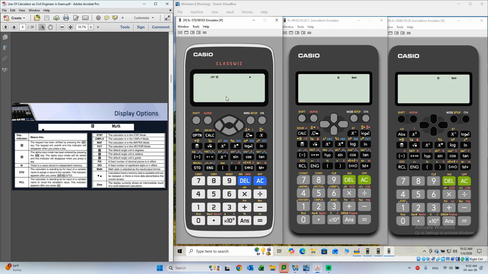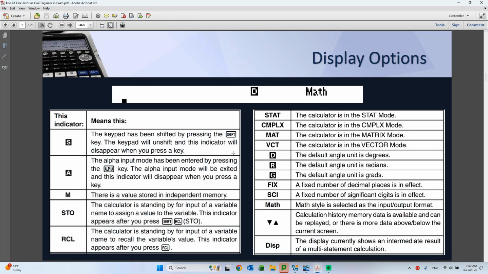Now, the first thing that we need to pay attention to is what we see on the top part of the screen here. Those are important before using the calculator. Let's say you see D here, math, or for example here some arrows. Those are display options, we call them. In the display options, if I make this a little bit bigger, we have different indicators.